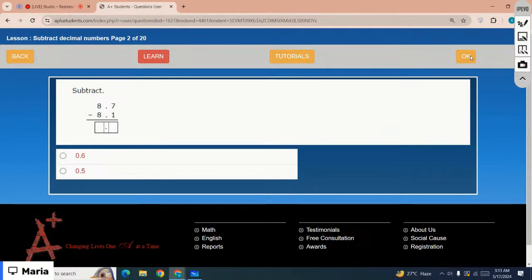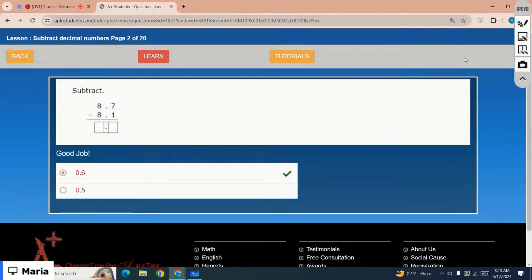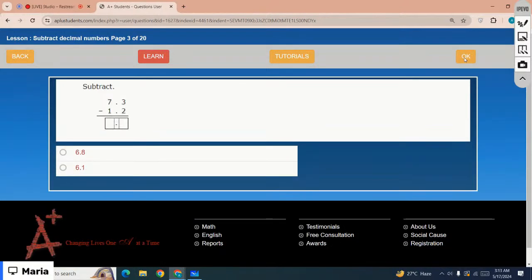The correct option is 0.6, that is option number 1. Very good. Okay, the next one is 7.3 take away 1.2. So which is the correct option?